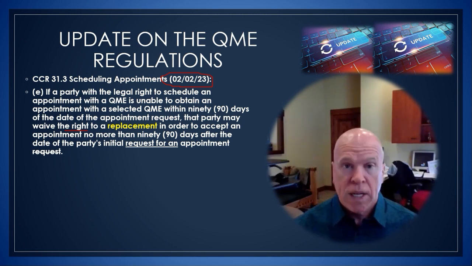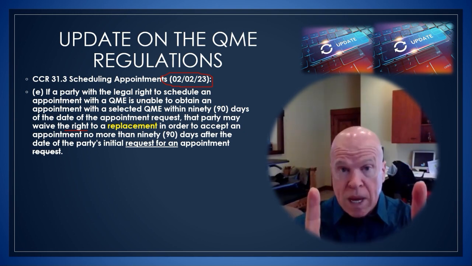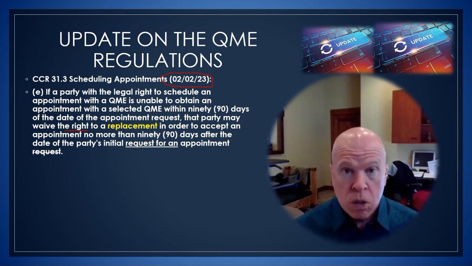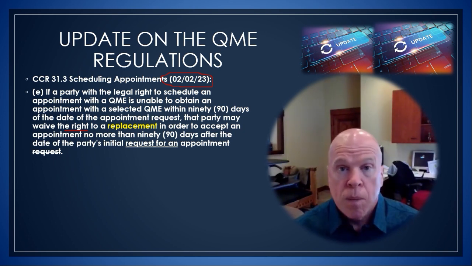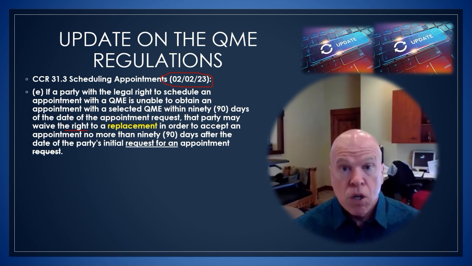Up to 120 days. So they have a 30-day decision to make. Okay? So they can decide to start over new with a brand new panel and skip you altogether. Or if they're seeking an appointment with you, if they're committed to you, if they want you to be the evaluator, they can agree to wait another 30 days, up to a total of 120 days. They still retain that right to use you as the qualified medical evaluator.